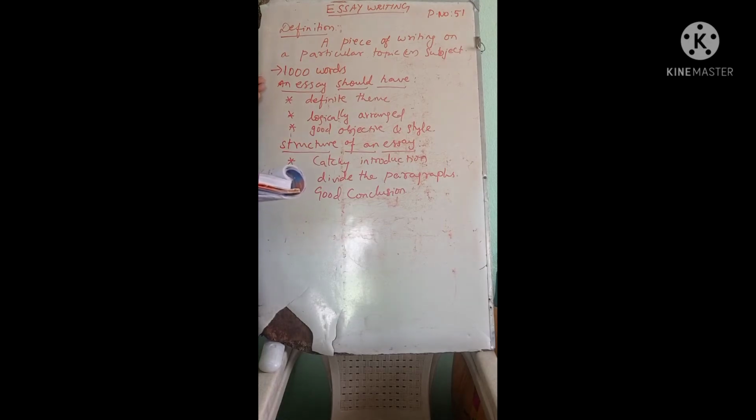And what are the important points? An essay should have a definite theme and be logically arranged. Then it should have a good objective, the reason for which the essay is written, and it should have a good style. And what is the structure of an essay? It should have a good introduction, many paragraphs, the essay should be divided into paragraphs, and the writer should give a good conclusion.